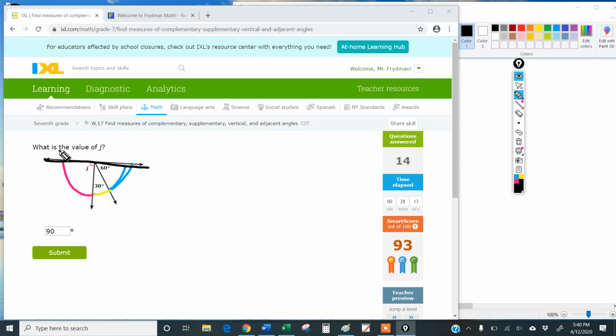Remember, a full rotation is 360 degrees. Half of it would be 180 degrees. And I see this straight line here, which is telling me that all of this adds up to 180 degrees.